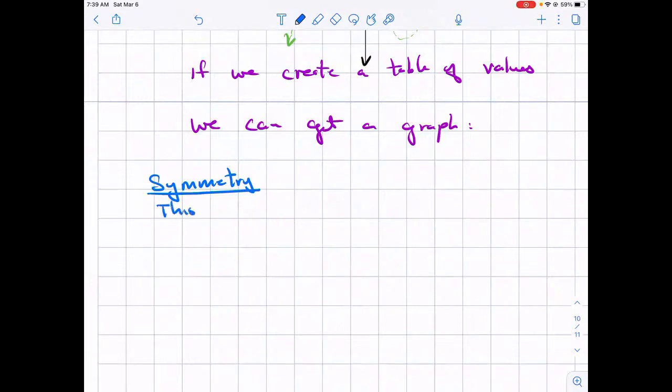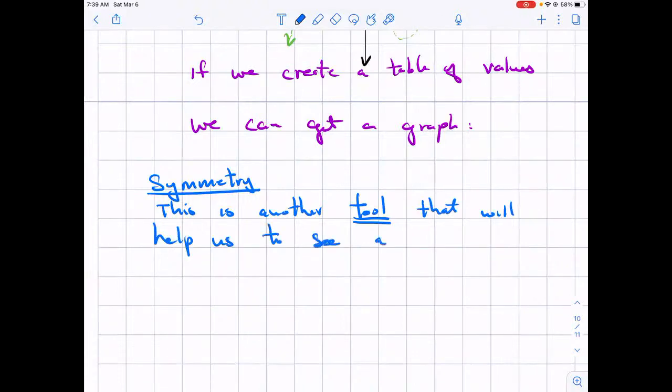This is another tool that will help us to see a better picture of the graph.